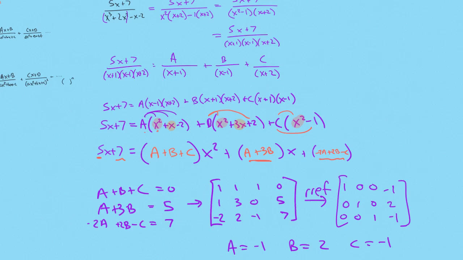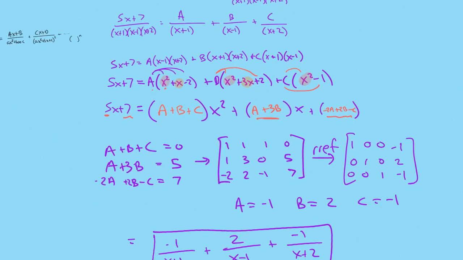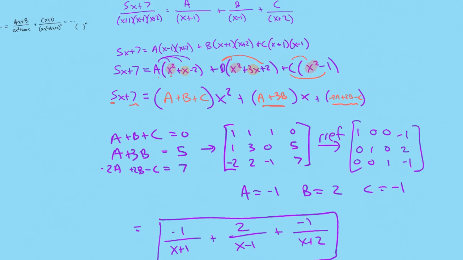So to write our answer, we go back to that original fraction up there and make sure we match it up correctly. So we get -1 over x plus 1 plus 2 over x minus 1 plus -1 over x plus 2.